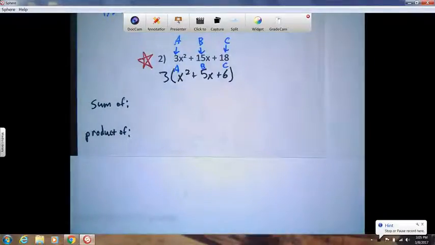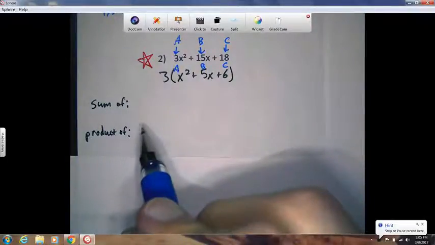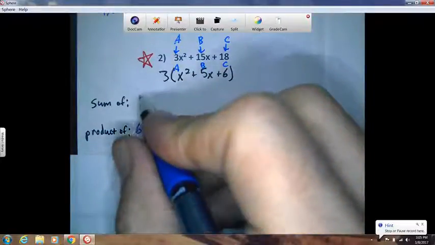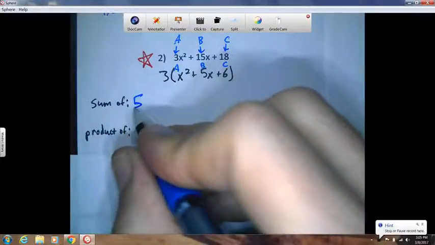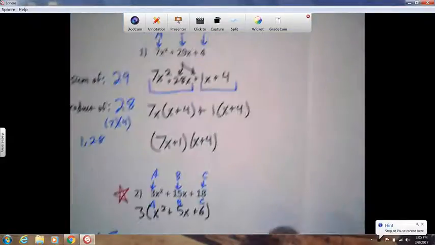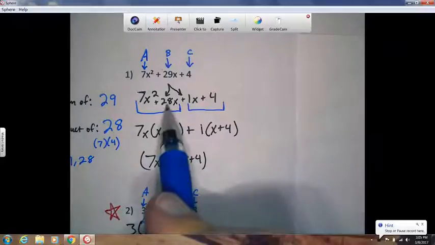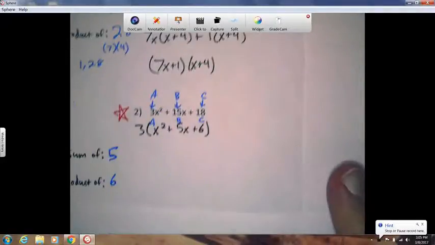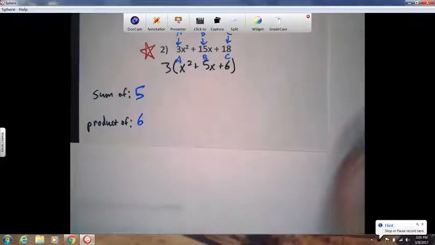So now I need things that multiply to equal 6 and add to equal 5. And I don't need to break it down like this. I can go straight to the answer because A is 1. Your greatest common factor just stays outside the parentheses.